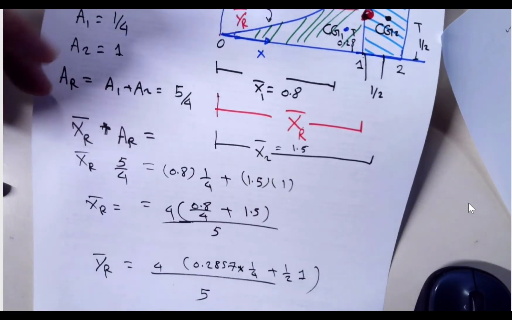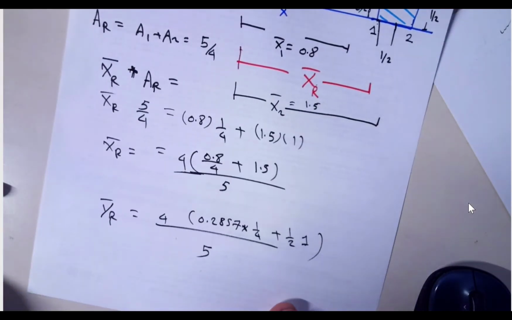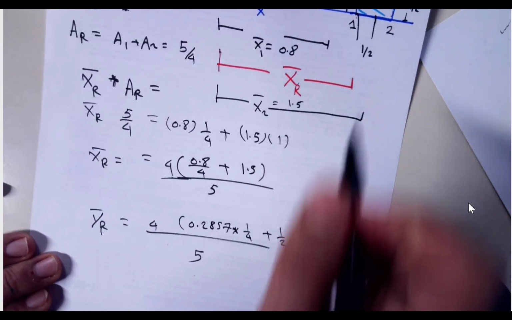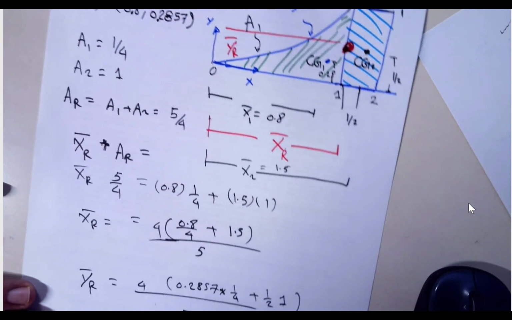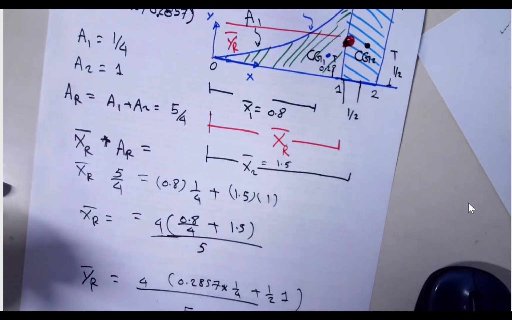Alright, so this way we know how to calculate for combined geometries the resultant using the same method.